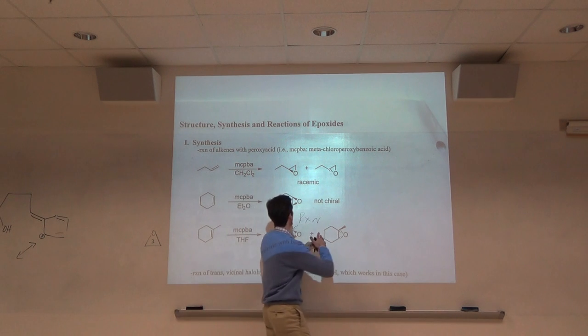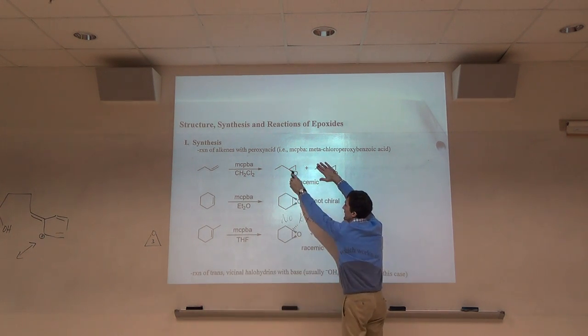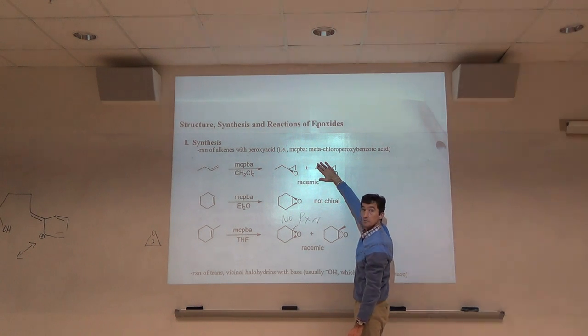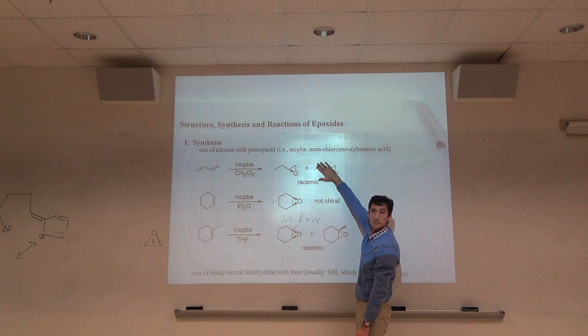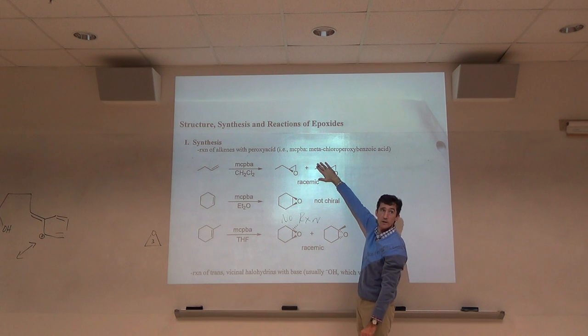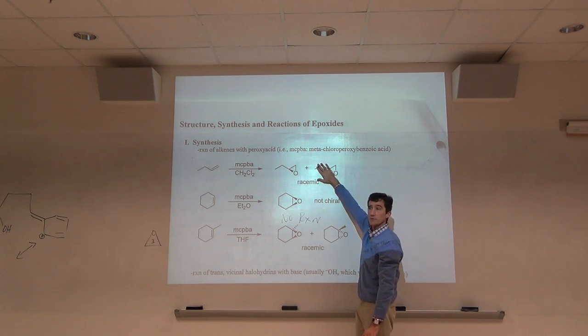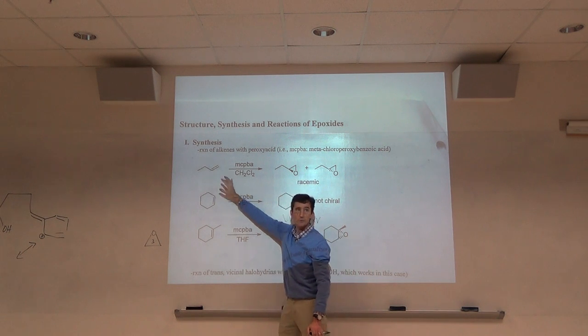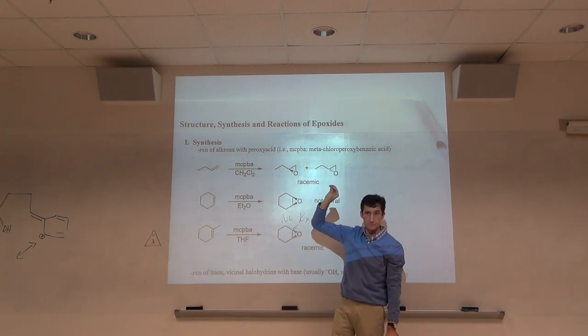If we did this and only got that, is that optically active? It's chiral. It should be optically active, meaning it should rotate plane polarized light. If you did this reaction and got only that, you would have a Nobel Prize. Optical activity cannot be created out of the blue. Something has to be optically active for your product to be optically active.